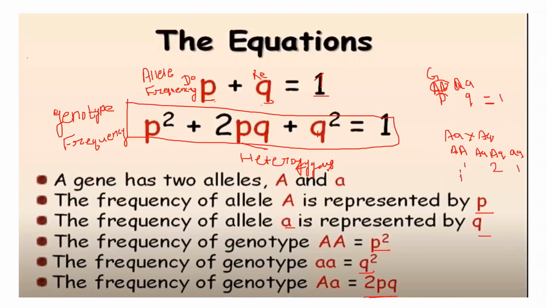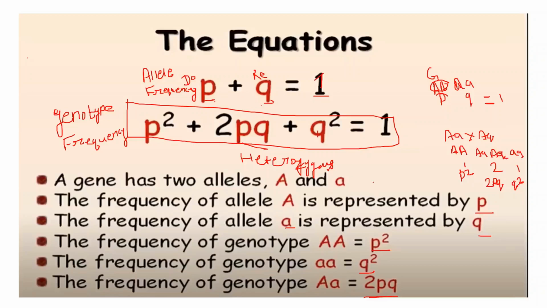That's why it is p square, this is 2pq, and this is again q square. Here 2 into p is represented by capital A and q is represented by small a. So that is the thing.